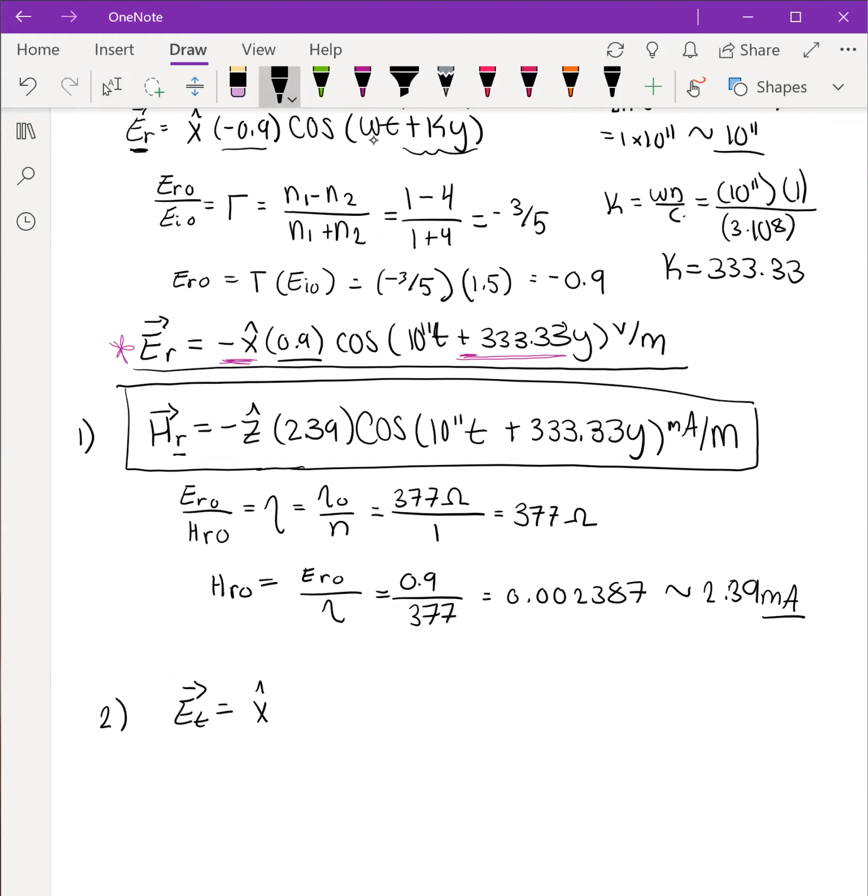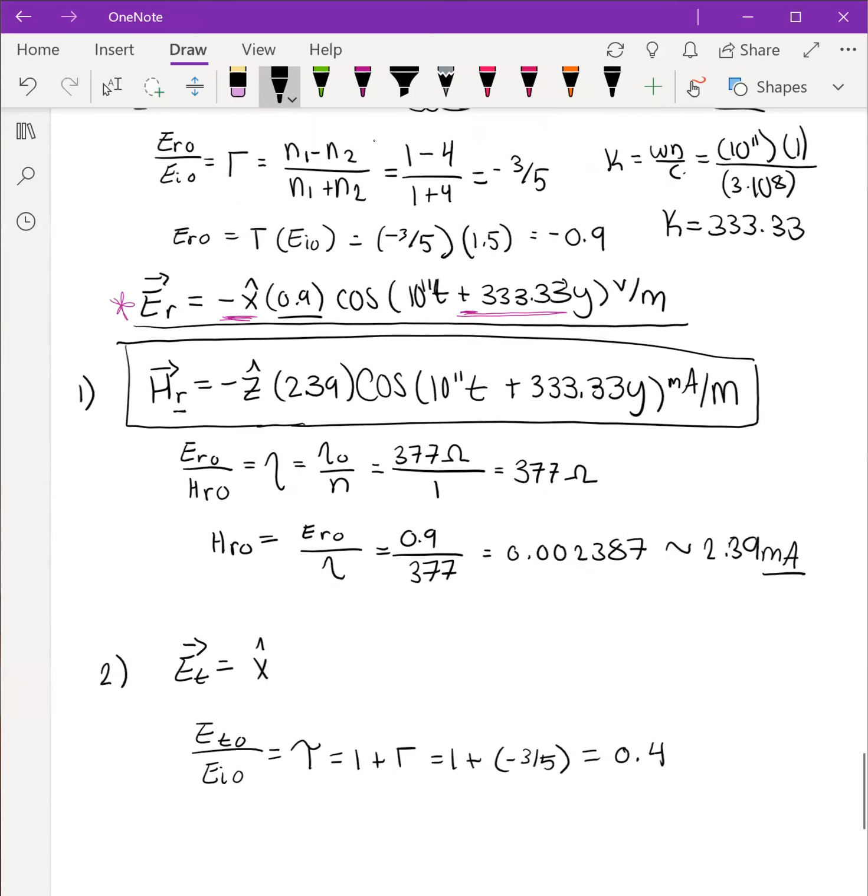So the magnitude here can be solved for by dividing what we're trying to find, the transmitted E field magnitude, by the incident E field magnitude, and relating that to our transmission coefficient, which is equal to 1 plus gamma. And gamma is what we found earlier to be -3/5. So plugging that in, 1 plus -3/5 gives us 0.4.